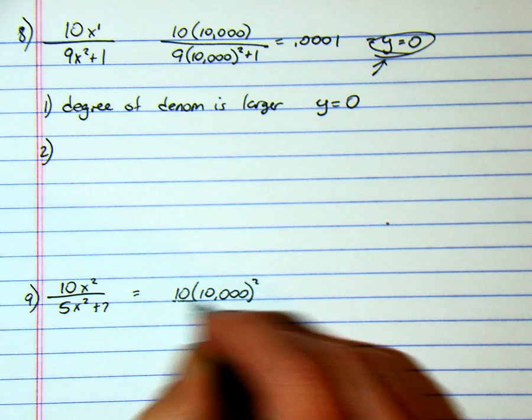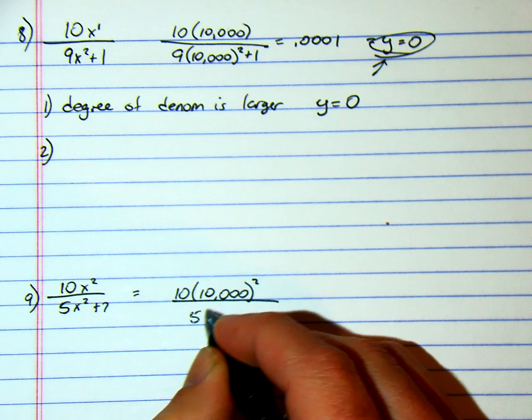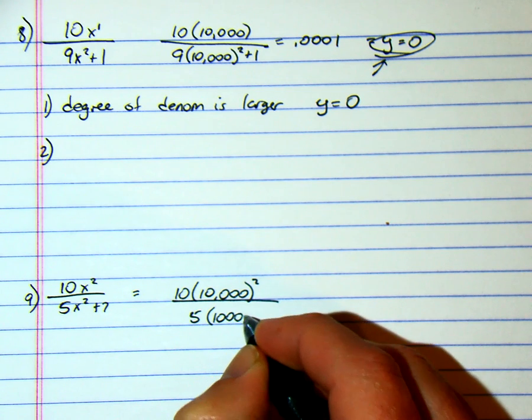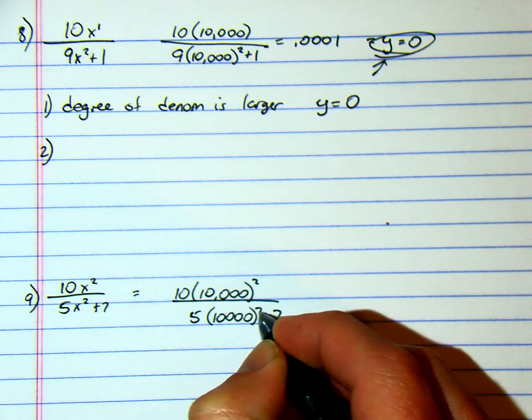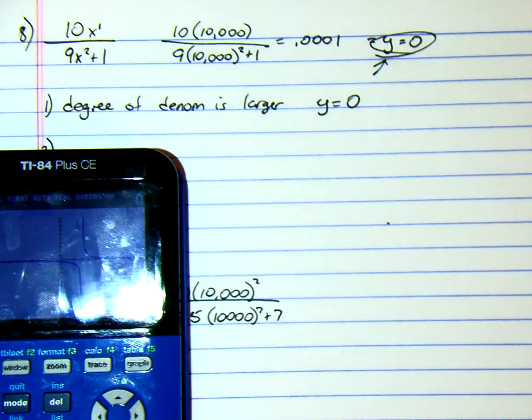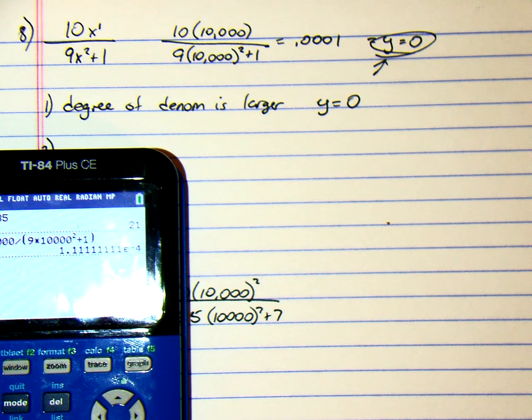So 10 times 10,000 squared, divided by 5 times 10,000 squared plus 7.